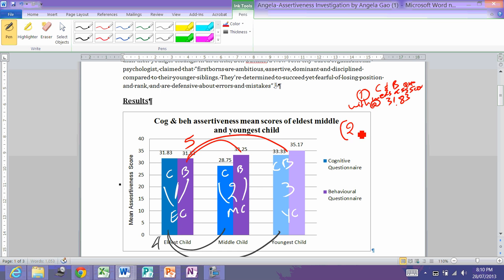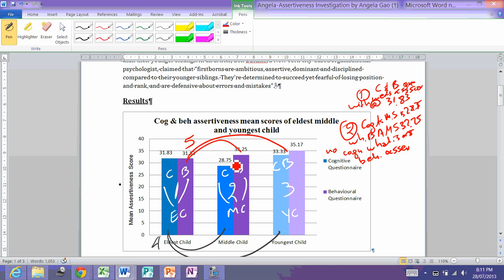For the middle child, the cognitive assertiveness mean score is 28.75, whereas the behavior assertiveness mean score is 32.25, which means that the middle child may not have cognition of what assertiveness is, but behaves more assertive.